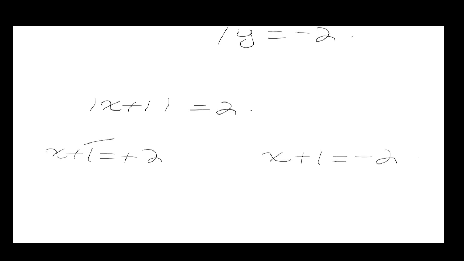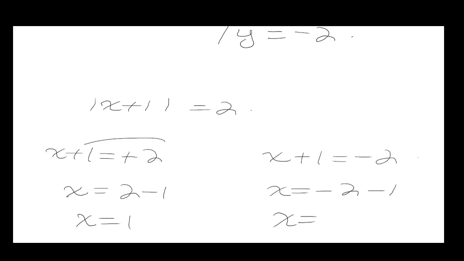Obviously 1 will go to the right, and x is equal to 2 minus 1. So x is 1. Here x will be equal to negative 2 minus 1. So x will be equal to minus 3. So this will be our answer.